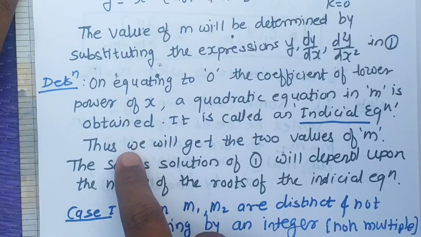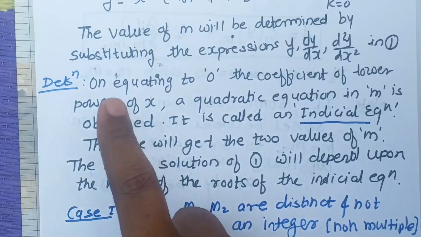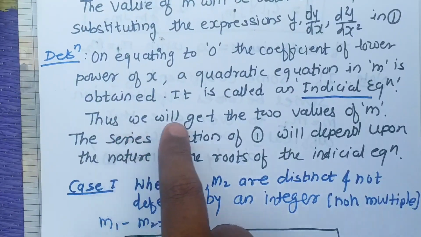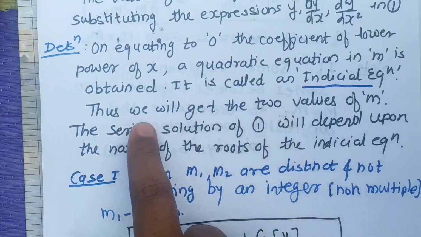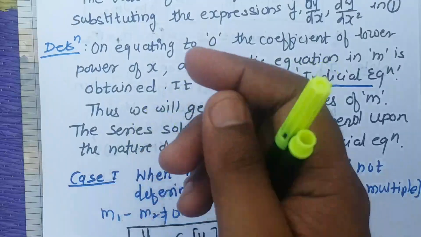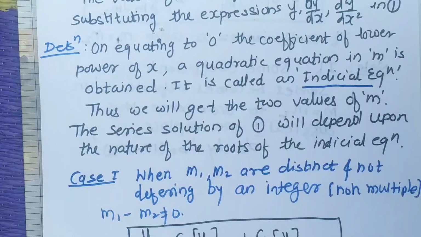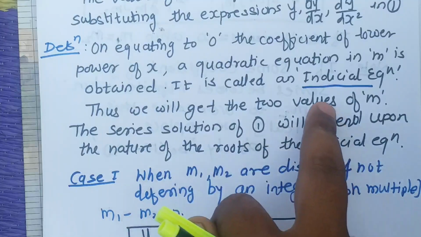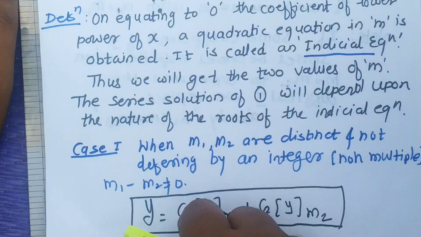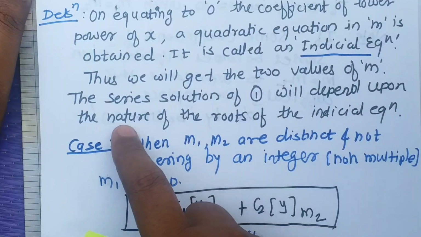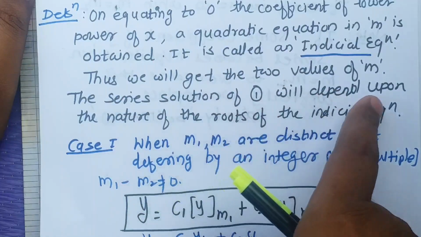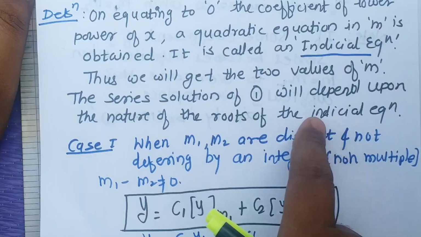After that, as we get a quadratic equation, it will have two roots, so we will get two values of m. That quadratic polynomial in m, when we equate it to 0, becomes the indicial equation, and its two roots will help us determine the final solution. The series solution of equation 1 will depend upon the nature of the roots of the indicial equation.